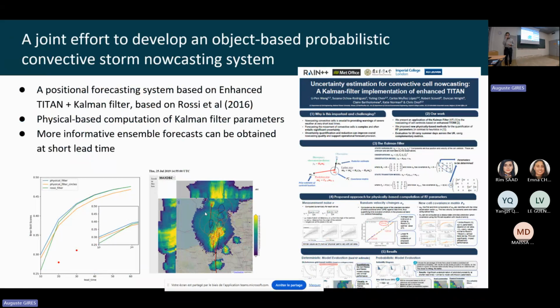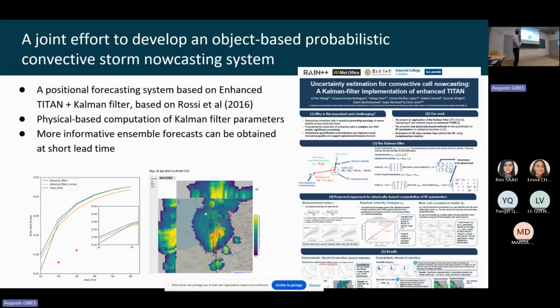If you use the Kalman filter, you can also come up with the uncertainty of the potential movement of these cells. In this work, the main difference between us and ROSI is the calibration, because you need to consider the uncertainty coming from the movement of your cell and how fast your uncertainty will grow. In ROSI's paper, they use pure engineering calibration of this parameter.